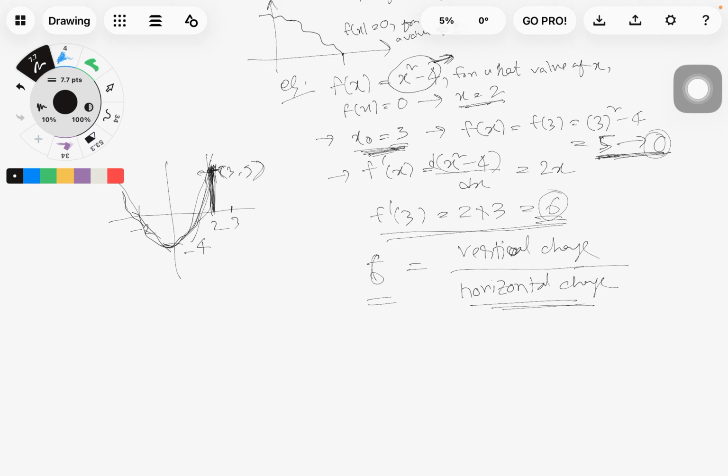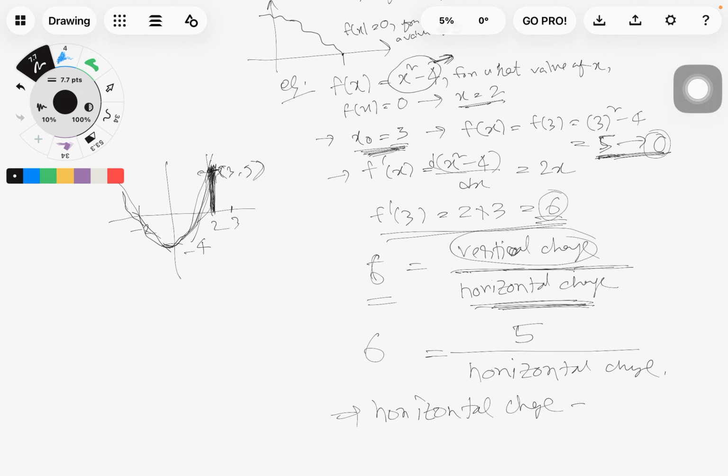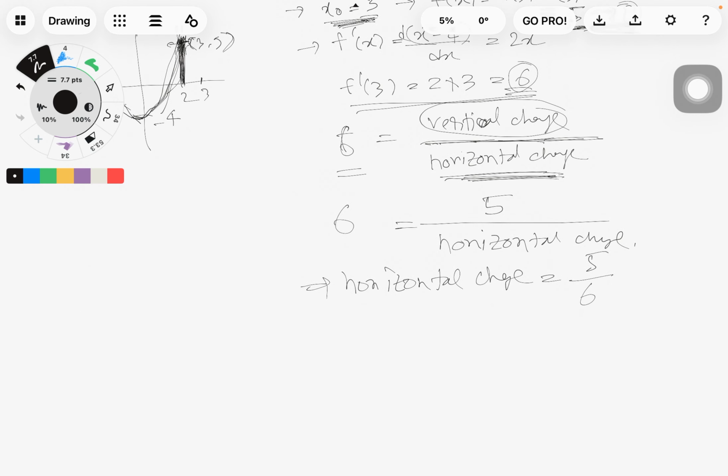Now if we were to change vertically 5 units, we just need to know how much horizontal change we need, right? So for the same 6, we know we are going to change the vertical component by 5. We just need to know how much horizontal change we need. So horizontal change would become 5 by 6, right?